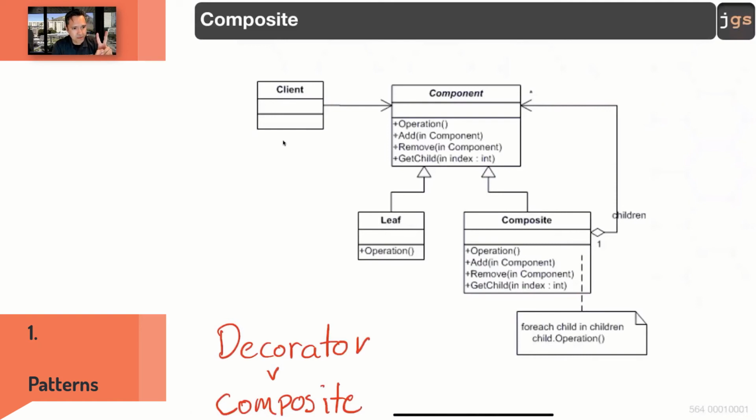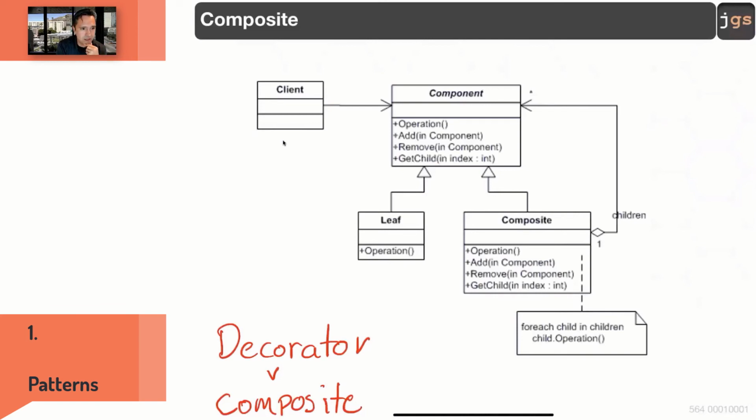There are two patterns. You can review my slide, and you're going to find structural patterns, and you're going to find decorator and composite. I used a lot of time explaining decorator. This is composite. Can you tell me the difference between those two patterns? You already know decorator, hopefully.